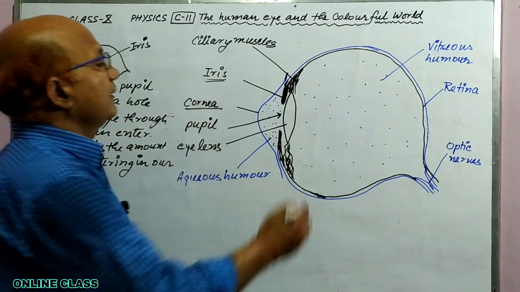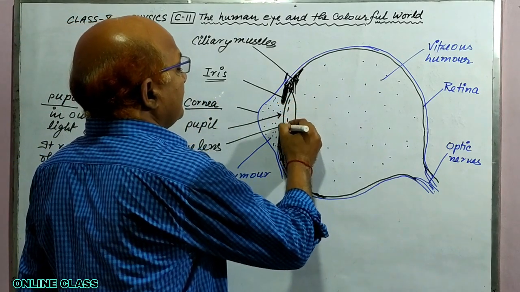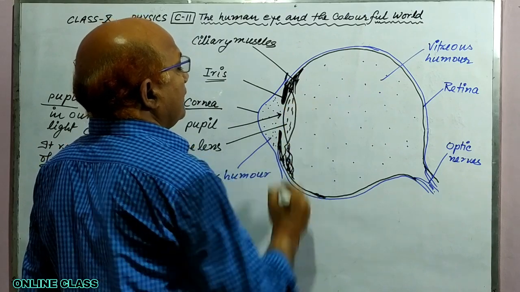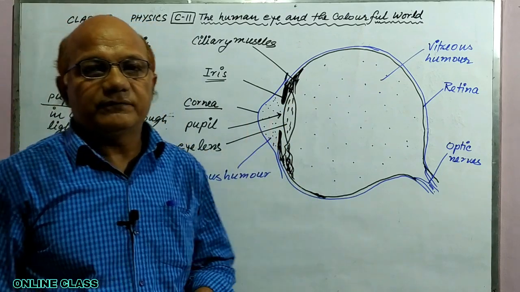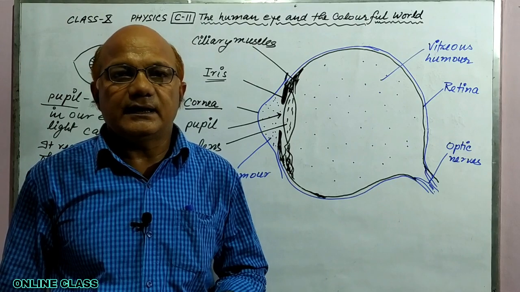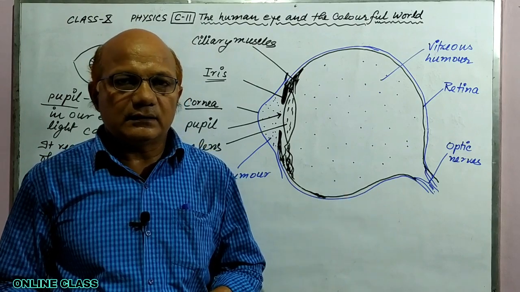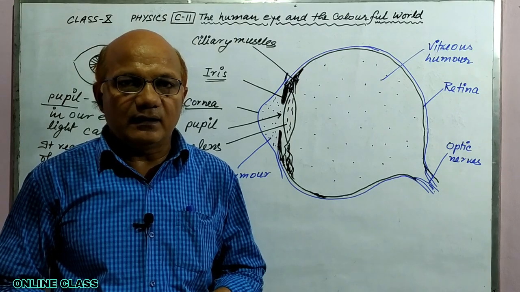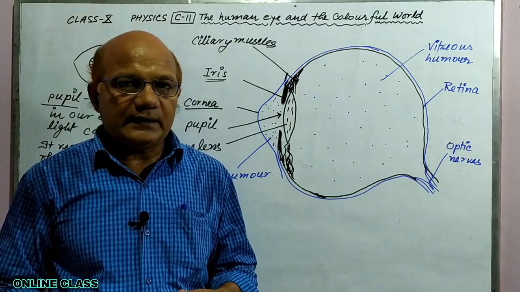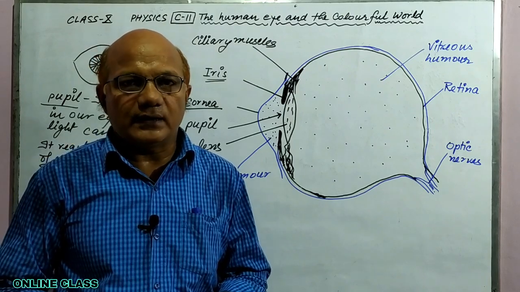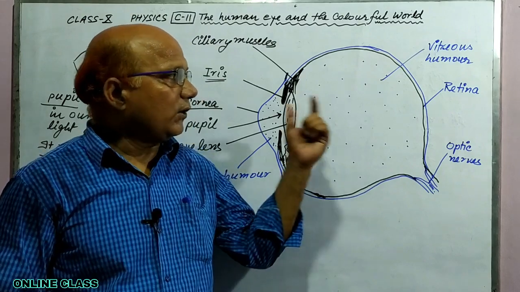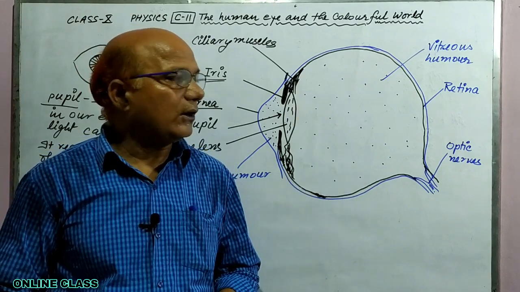Okay. So next part is now, it is eye lens. Actually, eye lens, it is made up of transparent and crystalline tissues, and it is flexible, so it can adjust the focal length to form the image on retina.